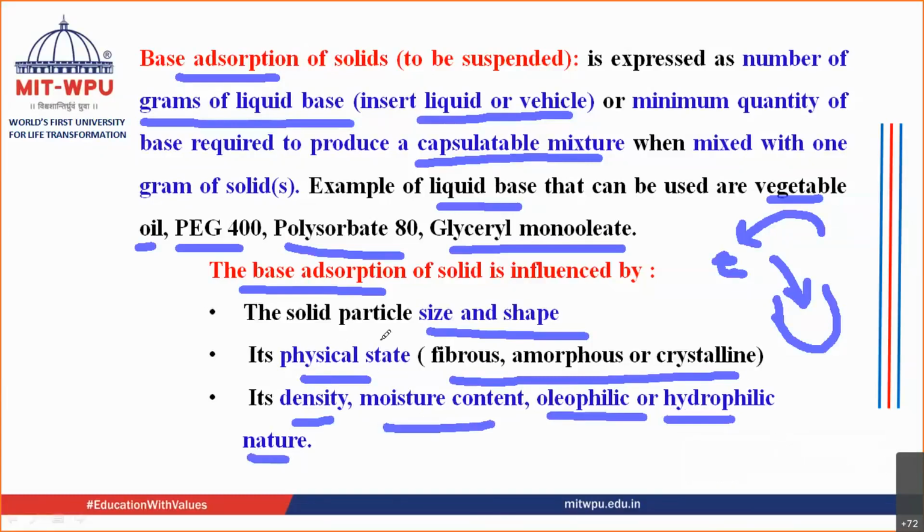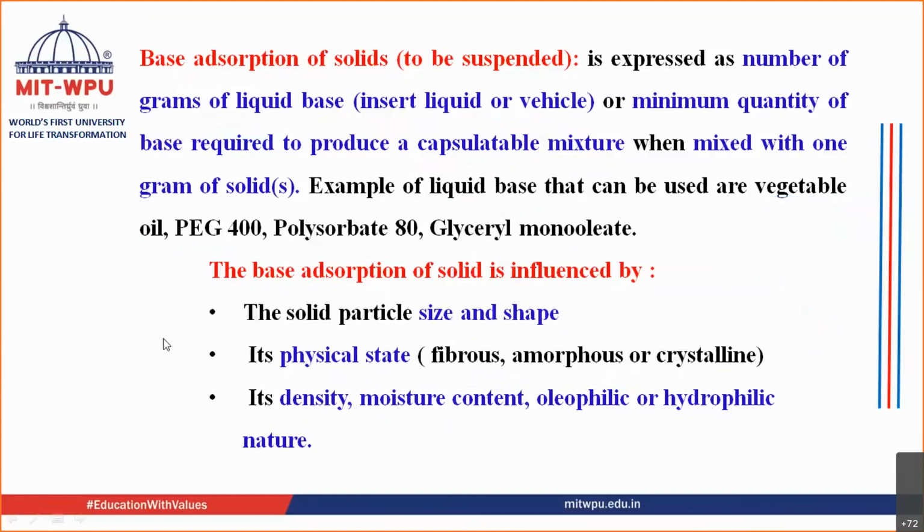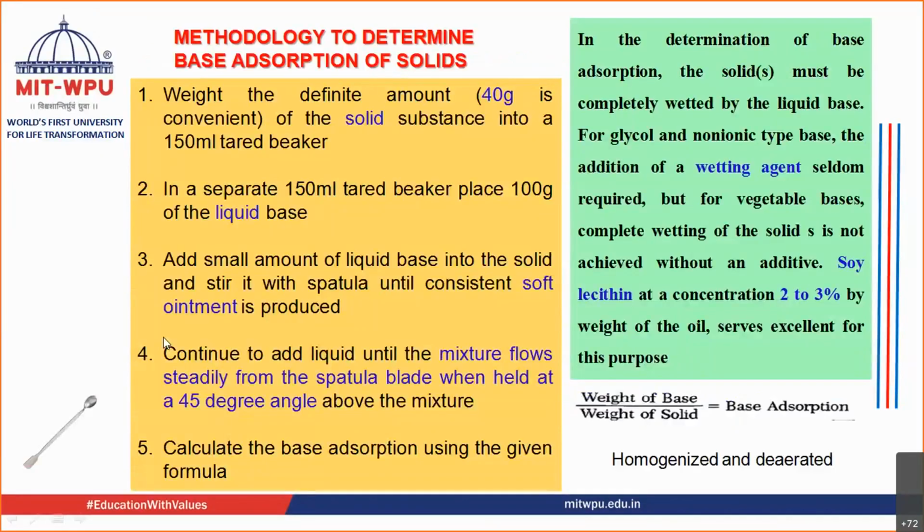So this is about base adsorption. Now, why do you need base adsorption? The base adsorption is basically required in order to calculate the gram main. So in order to calculate the gram main, you require this base adsorption.